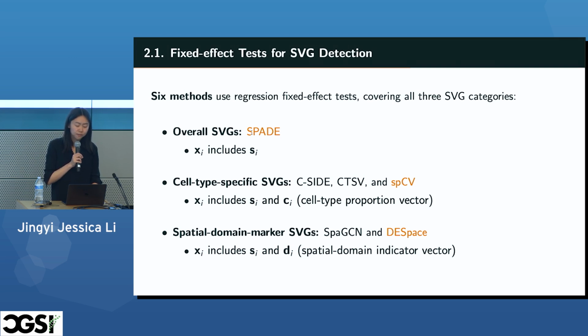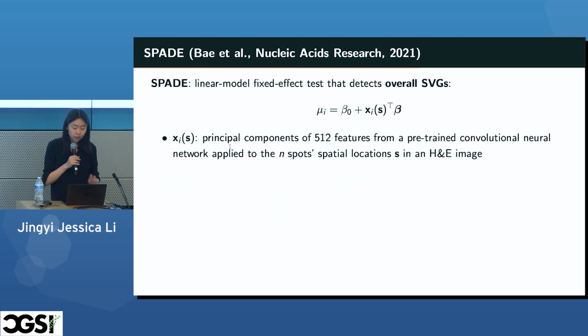So I will first talk about the SPADE method for overall SVG detection. This method actually uses deep learning as its building tool. To convert spatial locations into fixed effect covariates, it applies a pre-trained convolutional neural network to the H&E image, which usually accompanies spatial transcriptomics data like 10x Visium.